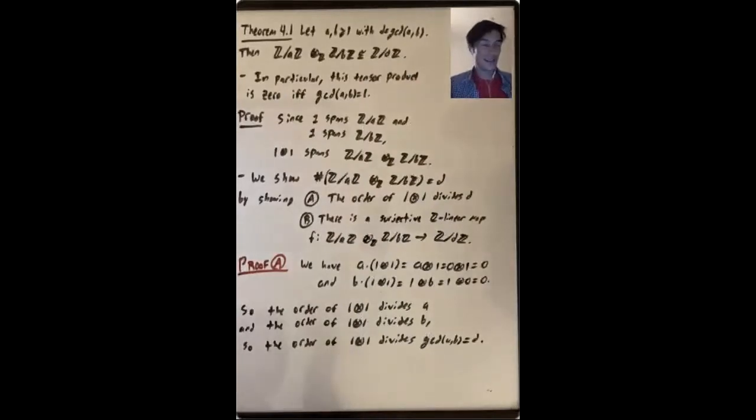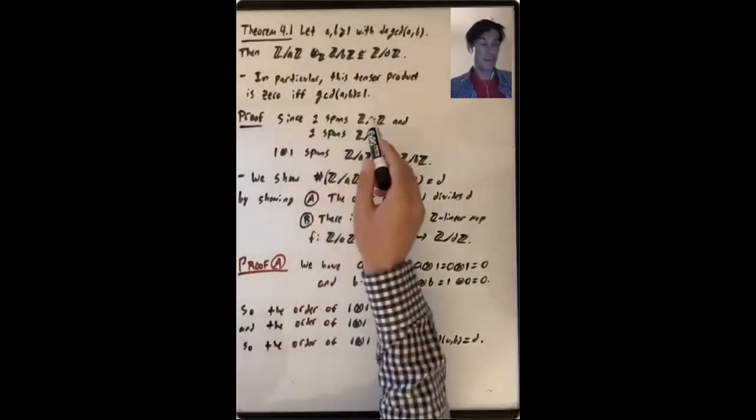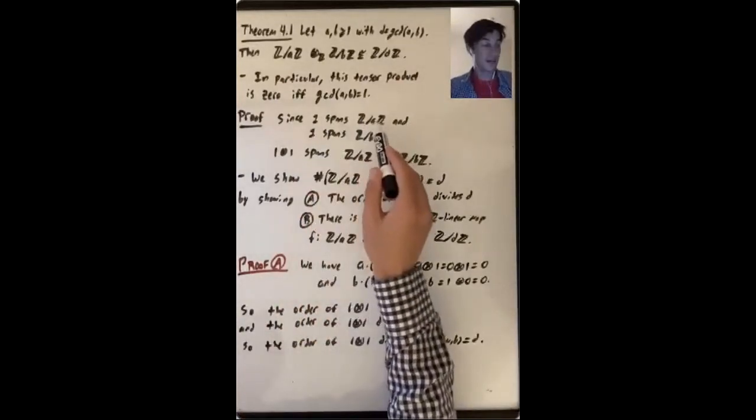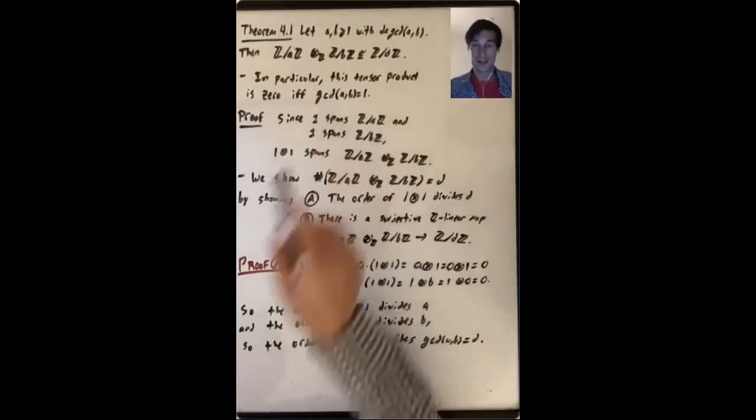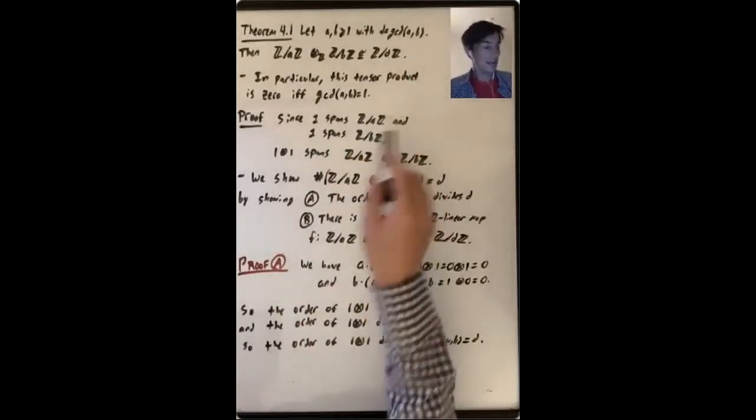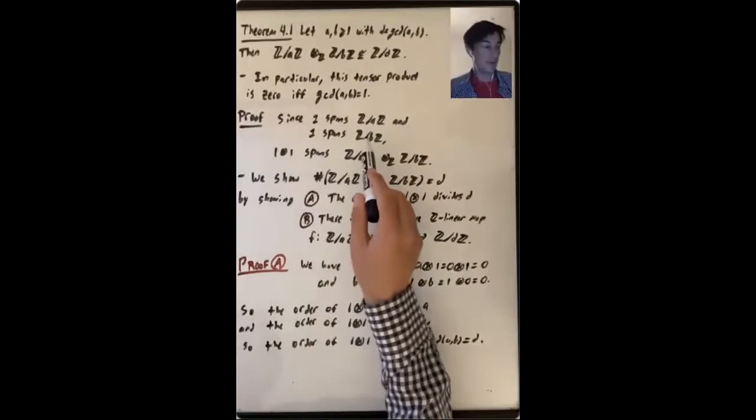Okay, so how are we going to prove this? We have a spanning set for the finite cyclic group Z mod AZ. 1 is a spanning set. We have a spanning set 1 for Z mod BZ.